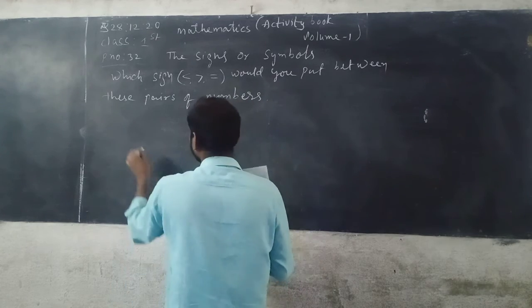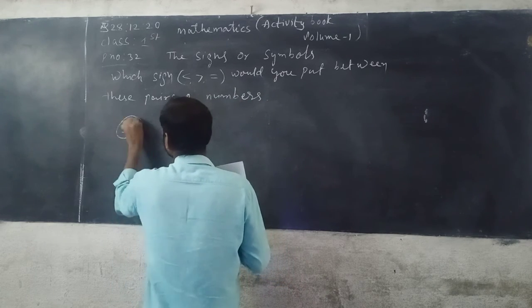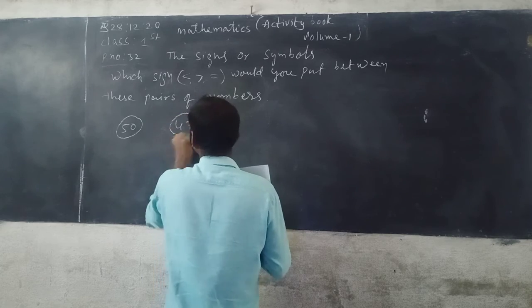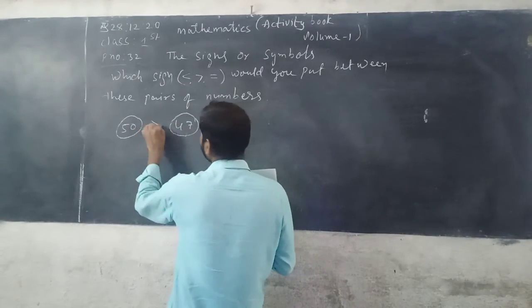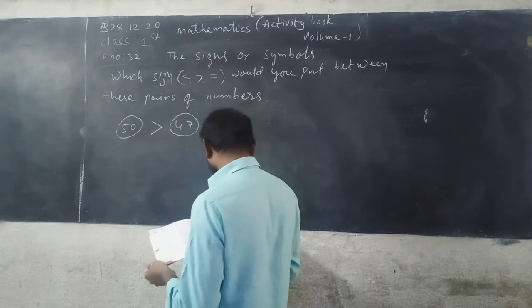See here, beta, 50 and 47. 50 is the bigger number than 47. Then you can use here the greater than symbol. 50 is greater than 47.